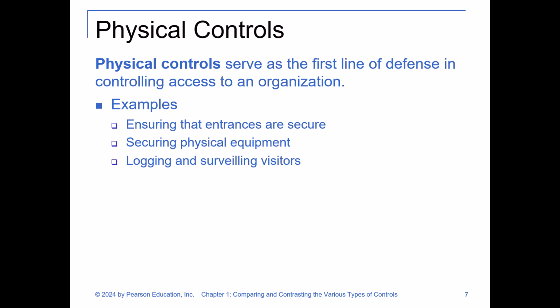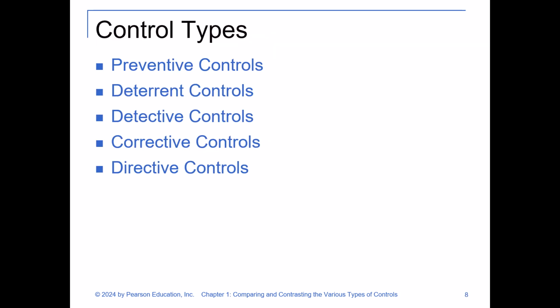Now we have different forms of control types. We have 5 main types of controls: preventative, deterrent, detective, corrective, directive type controls. And again, we're going to dive into all of these because it's not as simple as developing a type of control.